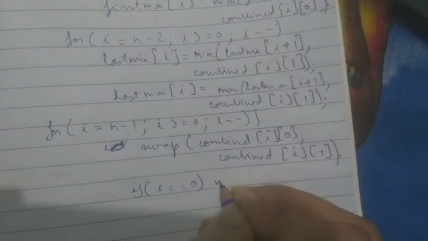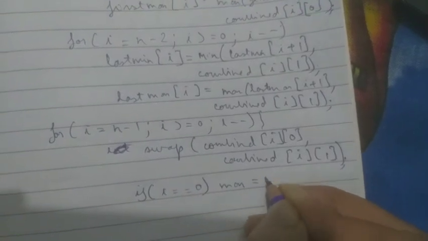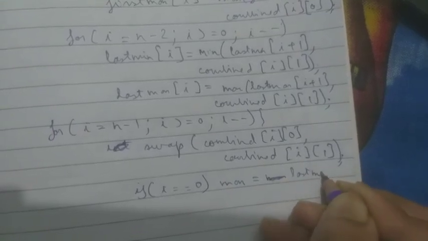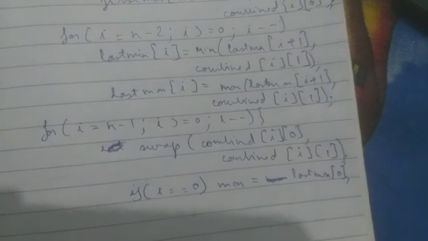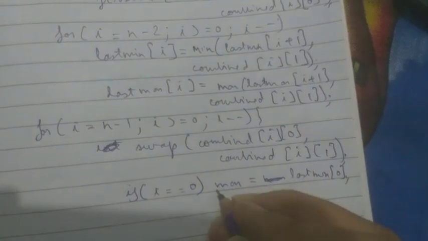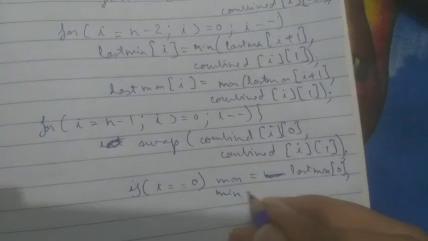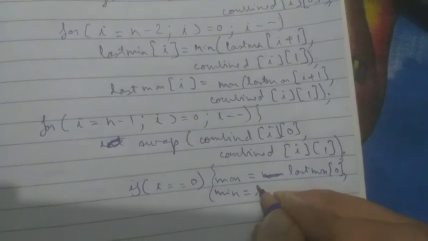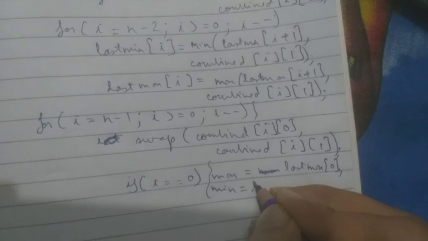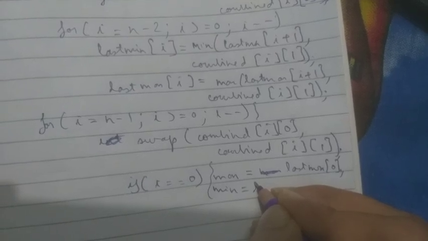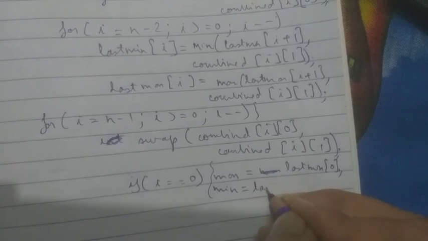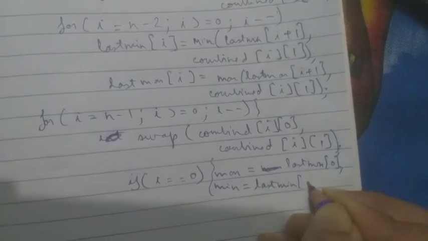Once we are done with the swapping, if I is equal to 0, then max is equal to last max 0, and min is equal to last min 0.